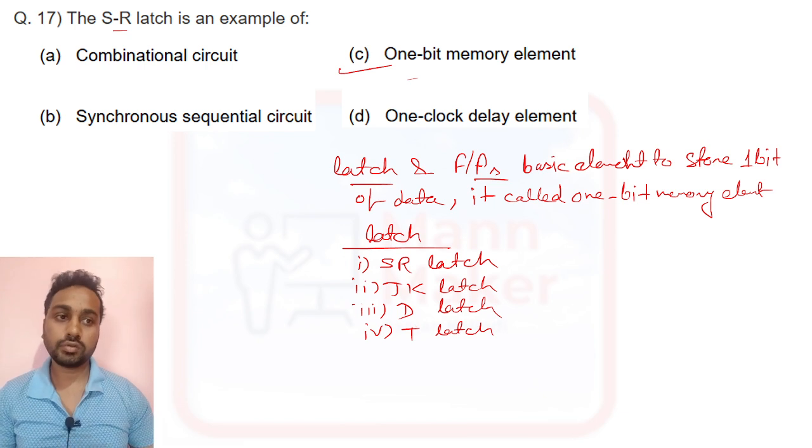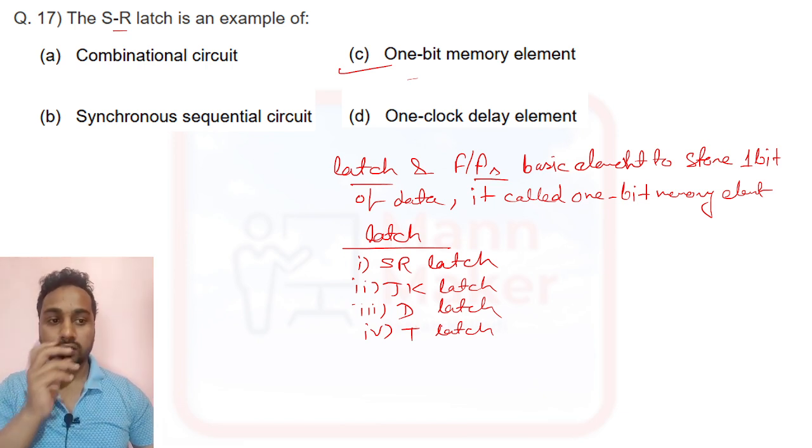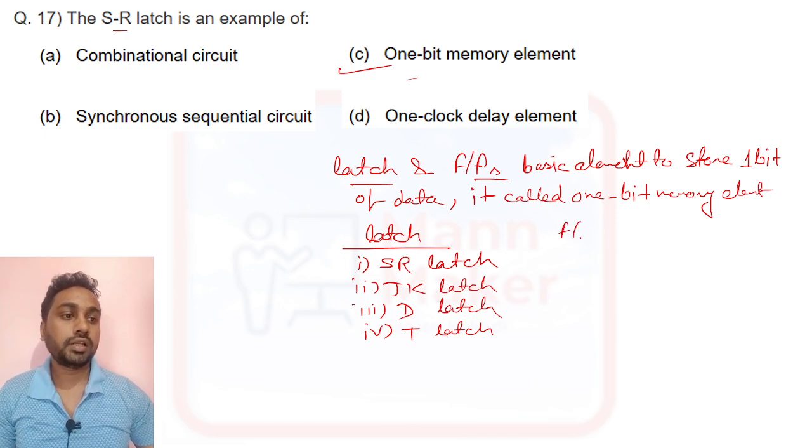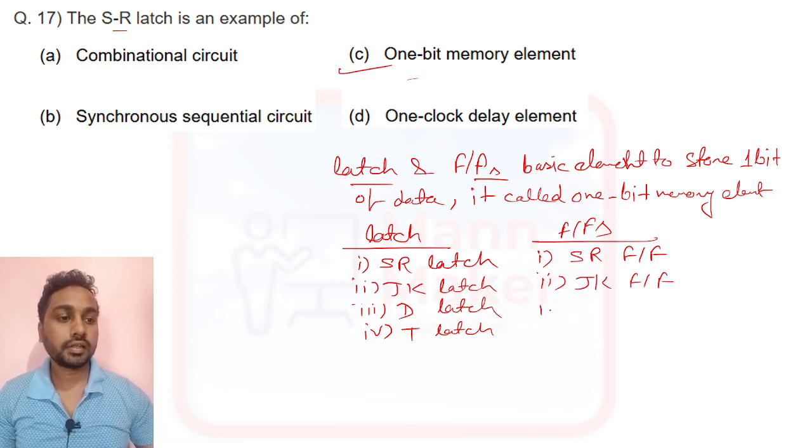D latch is also one bit, and T latch is also one bit. Similarly, flip-flop is also a one bit memory element, and it has four types: SR flip-flop, JK flip-flop, D flip-flop, and the last one is T flip-flop.